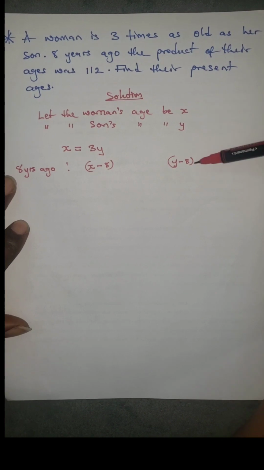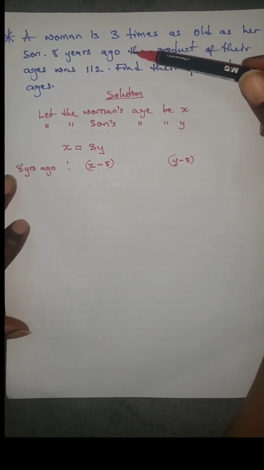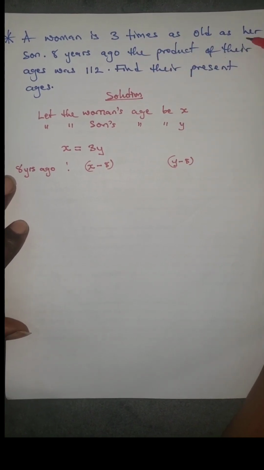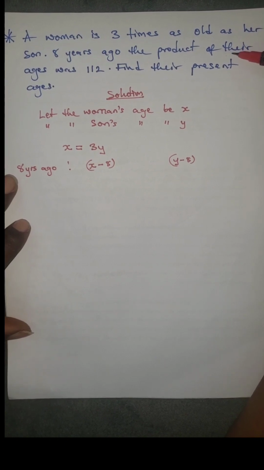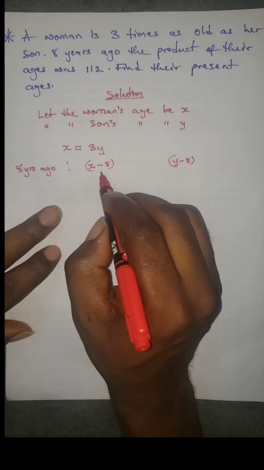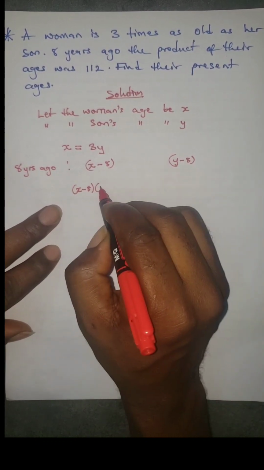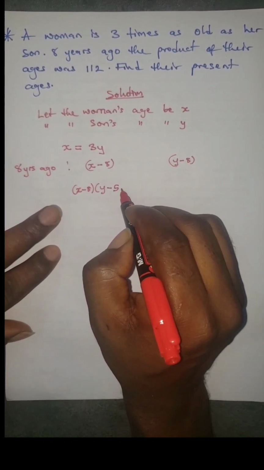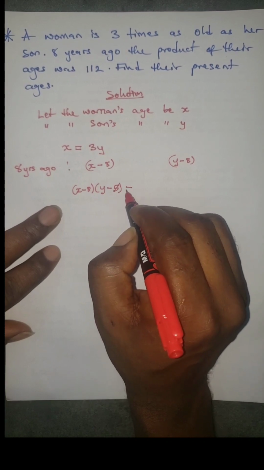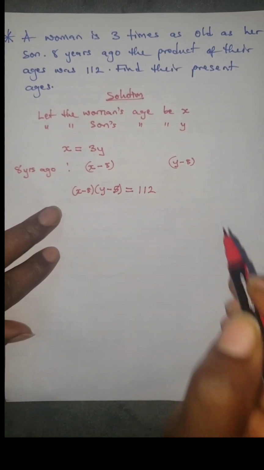Okay, so that's 8 years ago. Now, 8 years ago, the product of their ages is 112. So 8 years ago, the product, which is x minus 8 into y minus 8, is equal to 112.